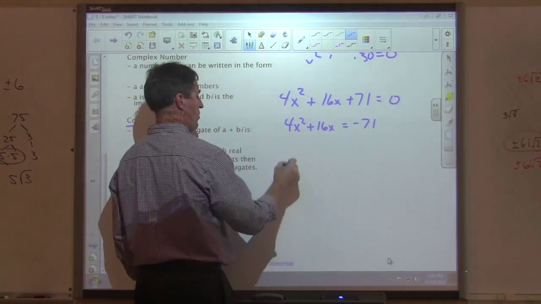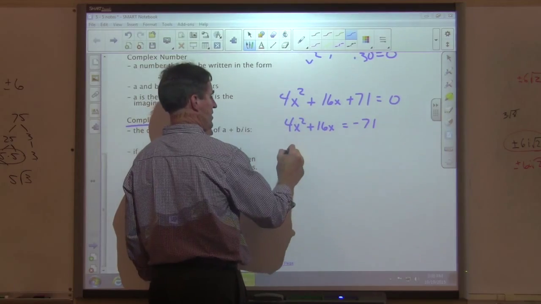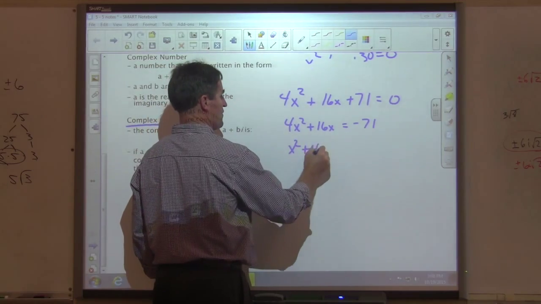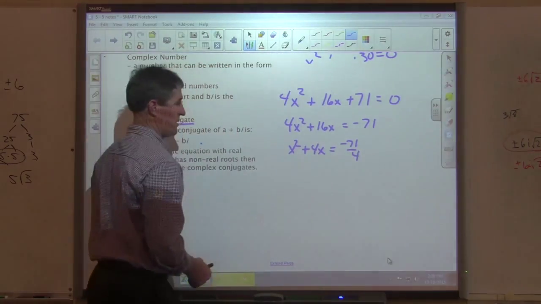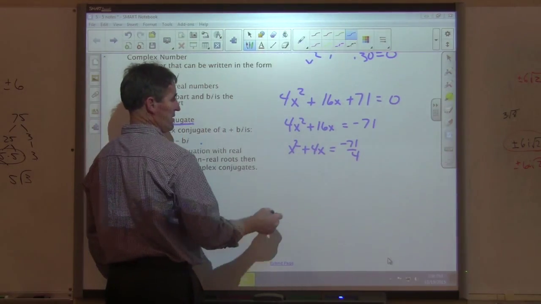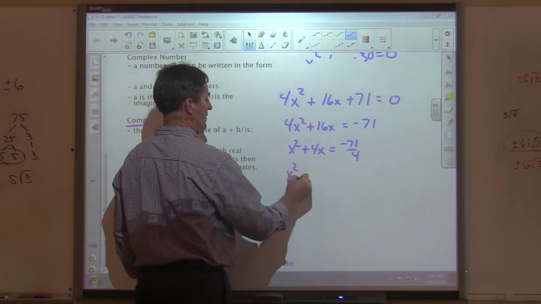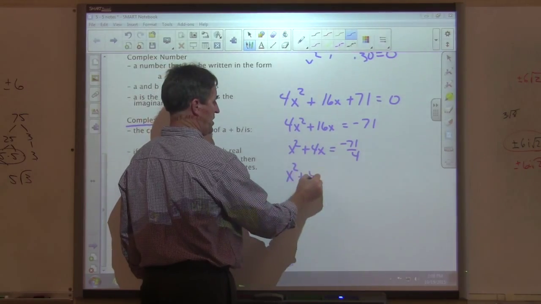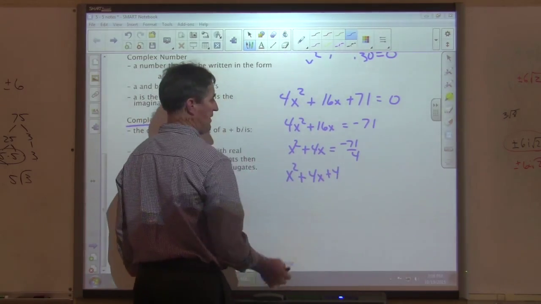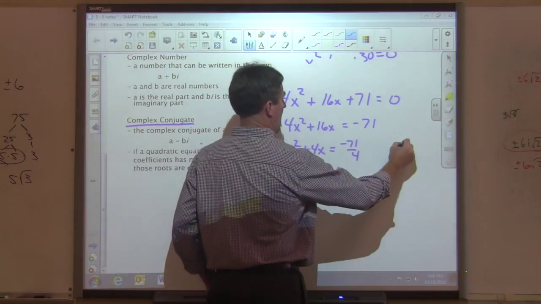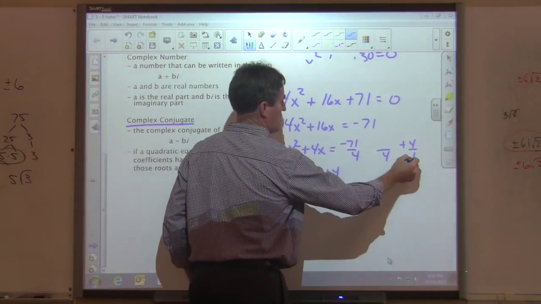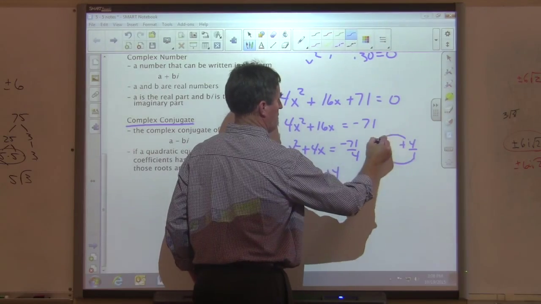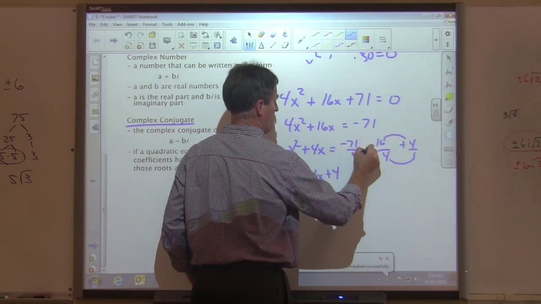We divide by 4 because we can't have that a in front. So x squared plus 4x equals negative 71 fourths. We complete the square. Half of 4 is 2, and 2 squared is 4, so I have to add 4. Now when I add 4 here, I have to change it in fourths. So 1 times 4 is 4, so I multiply that and I get 16.